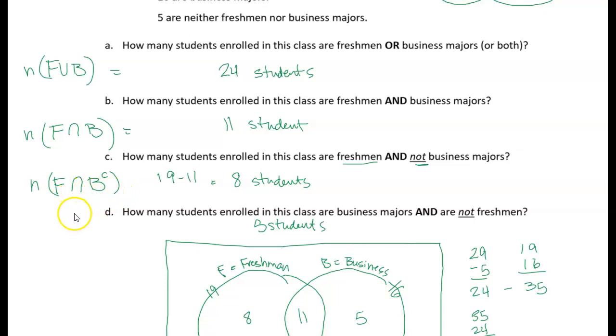That's how we would read that. And the last question, how many students enrolled in this class are business majors and not freshmen? Well, these were business majors and, so intersection, not freshmen, F complement, right? Not freshmen. Okay, so that's how we could write that set. It's B intersection F complement. And what we found was the number of students that were business majors, B, and intersection, not freshmen, so F complement. All right, so let's go on and do some more examples. I'll meet you in the next video.